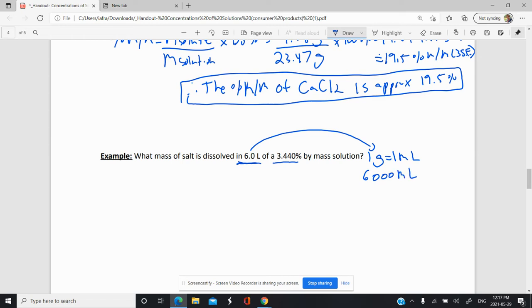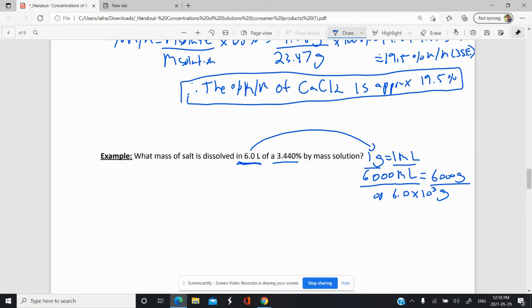Now, I didn't keep the right number of sig figs here. It should be 2 sig figs, so I'd write that as scientific notation, but I'll do that afterwards. So the 6,000 mLs, because we're assuming the density of water, 1 mL is 1 gram. That's also equal to 6,000 grams, or 6.0 times 10 to the power of 3 grams.